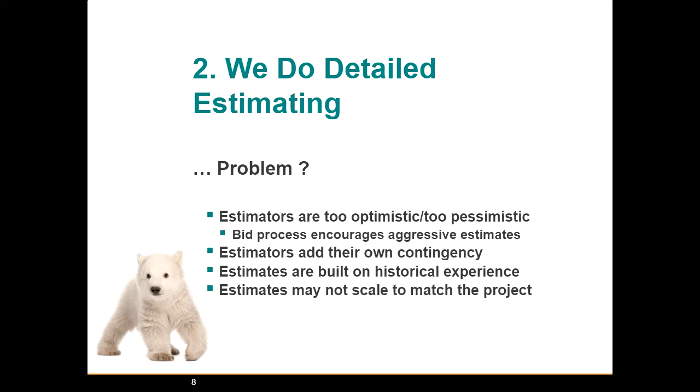What do I have you for if I need to have all this contingency? So they remove it. So what estimators do, well, they hide the contingency. And estimates are built on historical experience that may no longer be valid, or the estimates may be based on a smaller or larger project, which may not scale to match the project we're currently looking at.